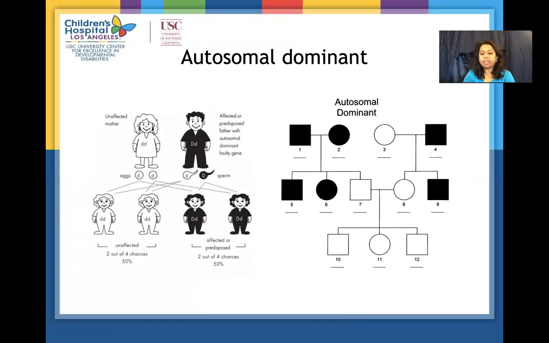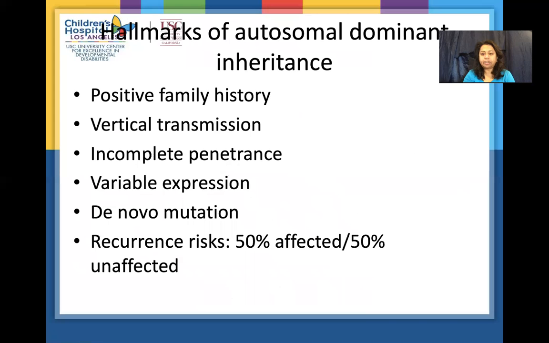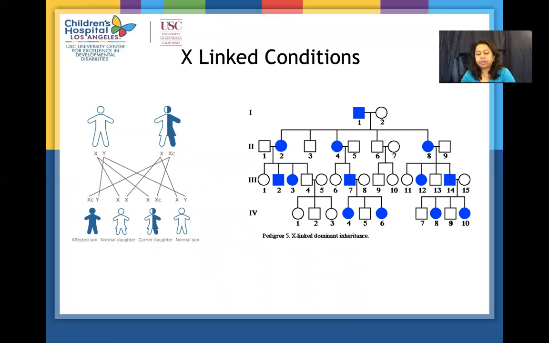So this is a very different pattern of inheritance. Another thing that you'll see is that there might be what is known as incomplete penetrance. And so individual by individual, they may have different features of the condition, even though they theoretically only are carriers.